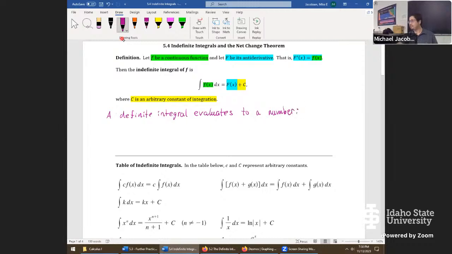For example, we did a definite integral from pi to 5 pi over 4 of secant squared x dx. And we got a number, exactly 1.